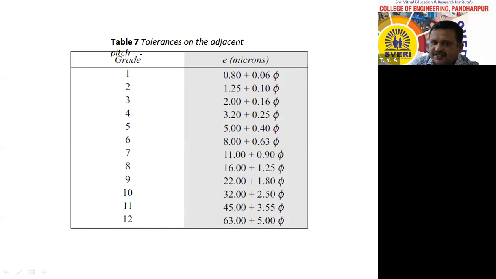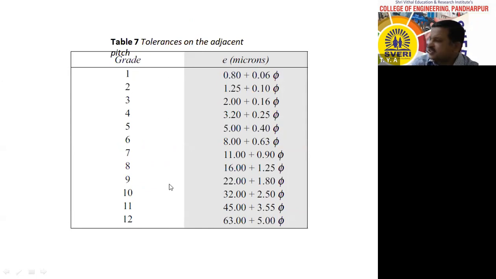And these are the grades. These are the grades depending upon the type. Don't write down these grades, or if you want to write, you can write down. These are the grades, tolerances on adjacent pitch.